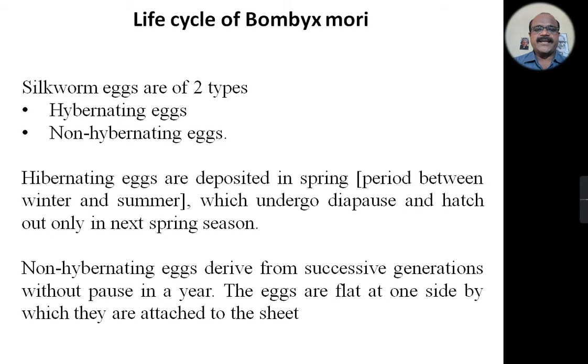Non-hibernating eggs derive successive generations without any pause in a year. So non-hibernating eggs are not going under any condition of rest or hibernation or any arrest of the development process. These eggs are flat at one side, by which they are attached to the sheet.